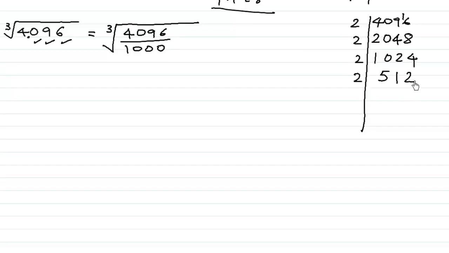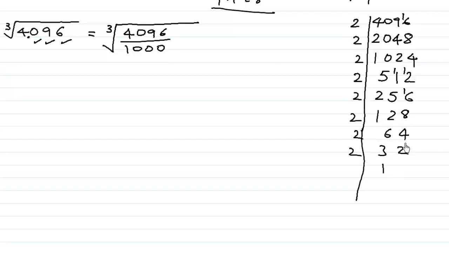Again with 2, because it's still an even number, so 2 2s are 4, 1 carry, 2 5s are 10, 1 carry, 2 6s are 12. 2 1s are 2, 2 2s are 4, 2 8s are 16. Still, 2 6s are 12, 2 4s are 8. Then 2 3s are 6, 2 2s are 4. 2 1s are 2, 2 6s are 12. 2 8s are 16, 2 4s are 8, 2 2s are 4, and 2 1s are 2.